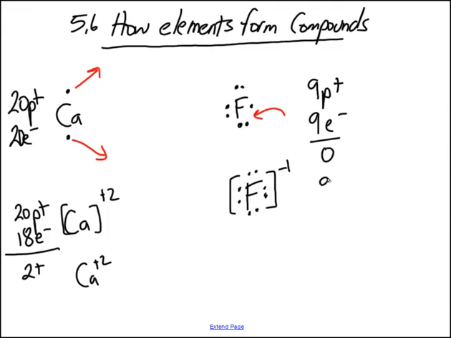So let's explain that. 9 protons still, but you picked up an electron, so instead of 9 electrons, you have 10 electrons. That gives you 1 more negative charge, and that gives you a -1. It's written like this, fluorine with a -1.